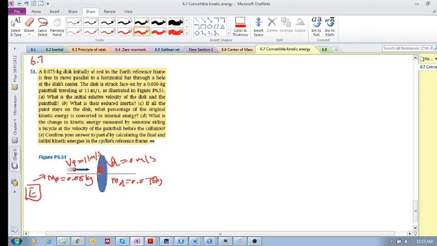A and B are building up to calculating the convertible kinetic energy. Remember, we had something that looked like this: the system kinetic energy in the Earth reference frame is equal to the kinetic energy of the center of mass, which is non-convertible, plus the kinetic energy that is convertible.